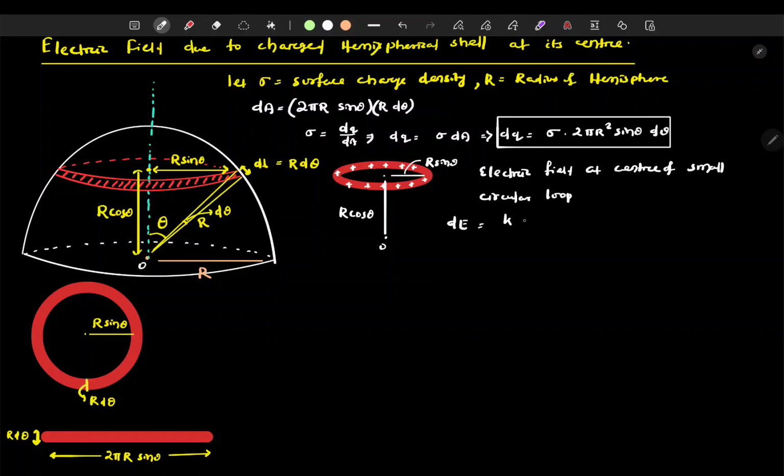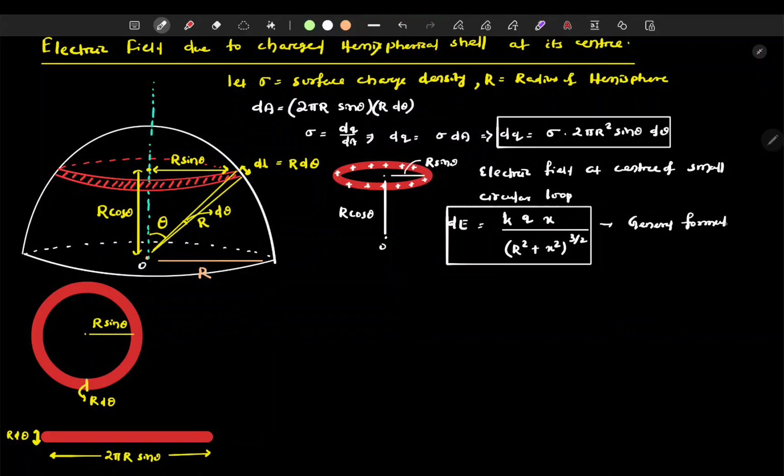So K into charge dq into x divided by (r square plus x square) power 3/2. Yes, this is the general formula, as per our previous lecture.